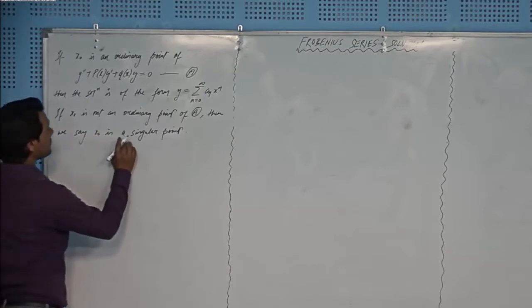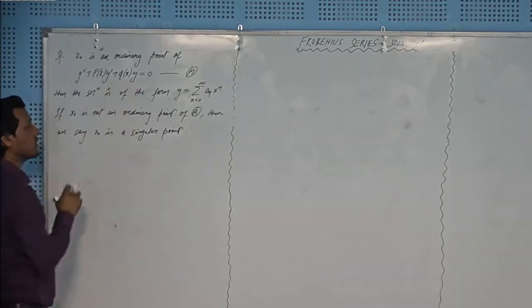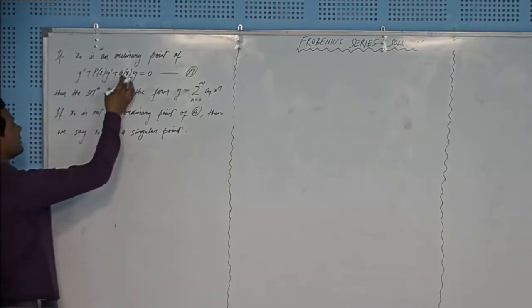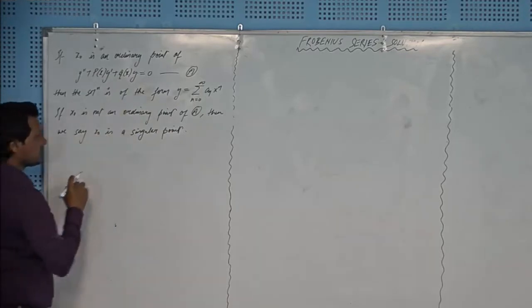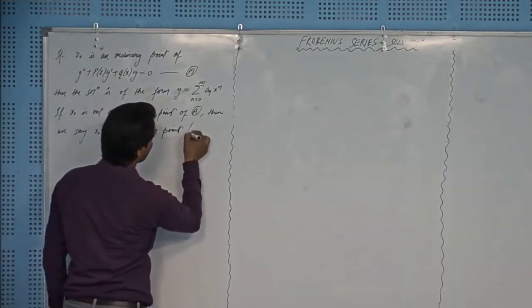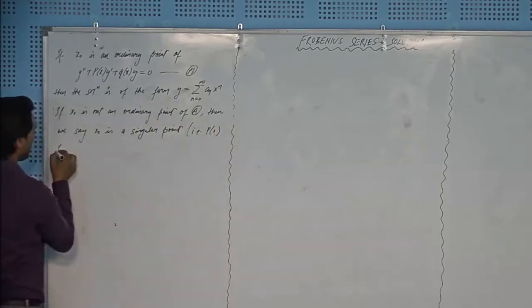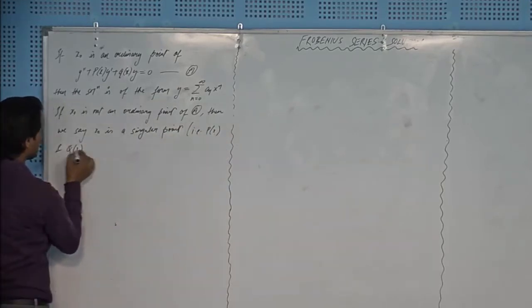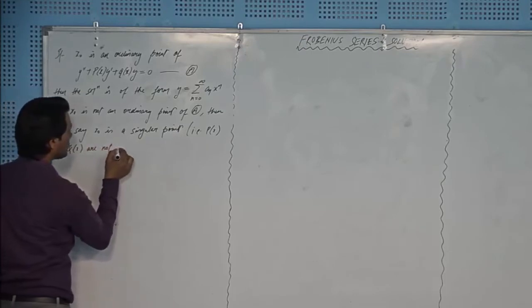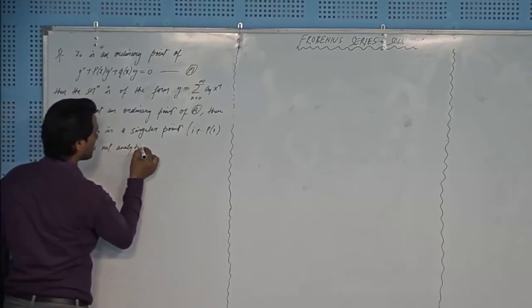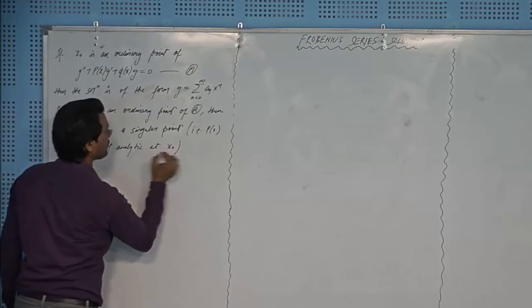So when x naught is a singular point of px and qx, obviously px and qx are not analytic at x naught. I will write that. That is, px and qx are not analytic at x naught, right?